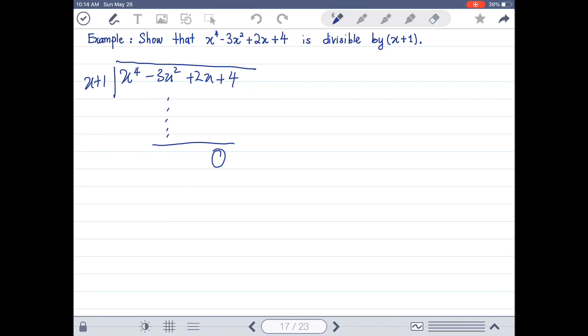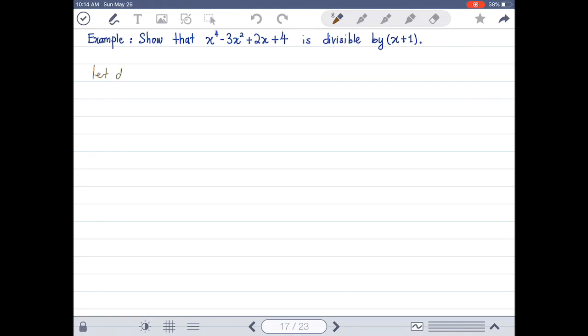Okay, the factor theorem states that, by factor theorem, let me do it this way, using a different color. That divisor x plus 1 equals 0, therefore we have x equals negative 1.